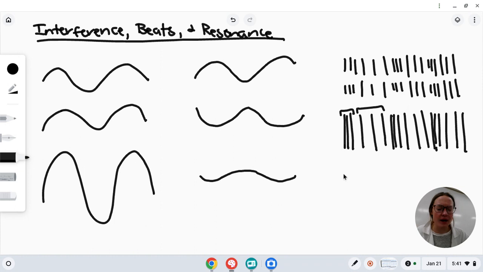Likewise, you could have a situation where you have a wave that looks like this that shows up in the same place at the same time as a wave that looks like this.